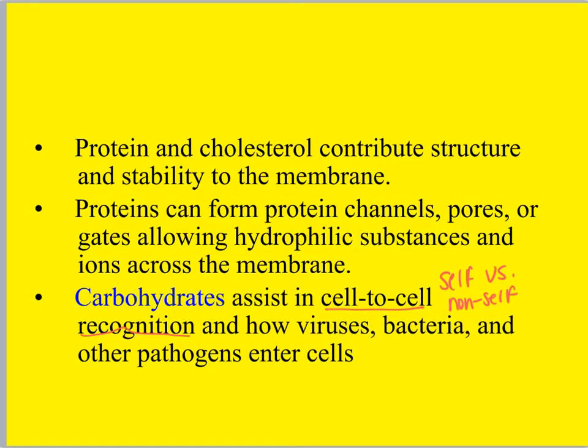And so those carbohydrates are going to hopefully not allow different viruses, bacteria, and other bad things to enter your cells. But again, we're human. Everything doesn't always work perfectly, and some pathogens are very complex. And they can get through that carbohydrate, which is kind of like a gatekeeper.